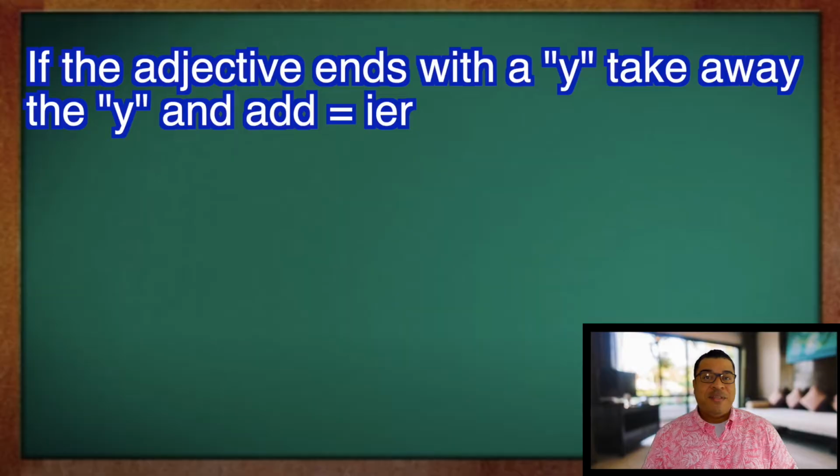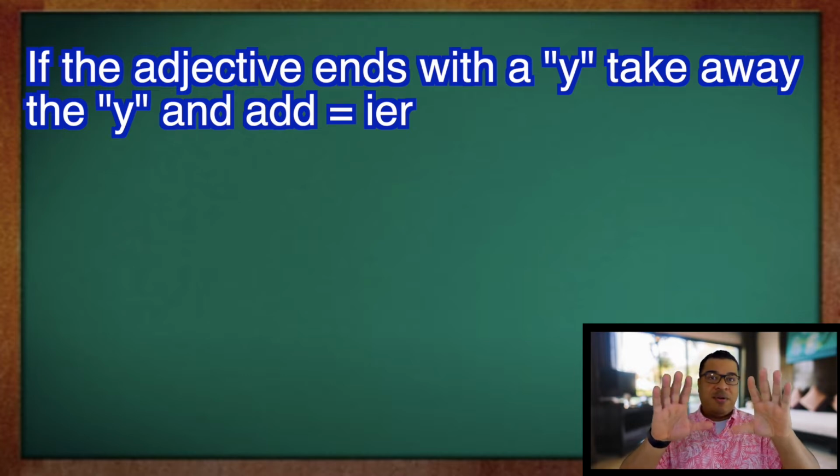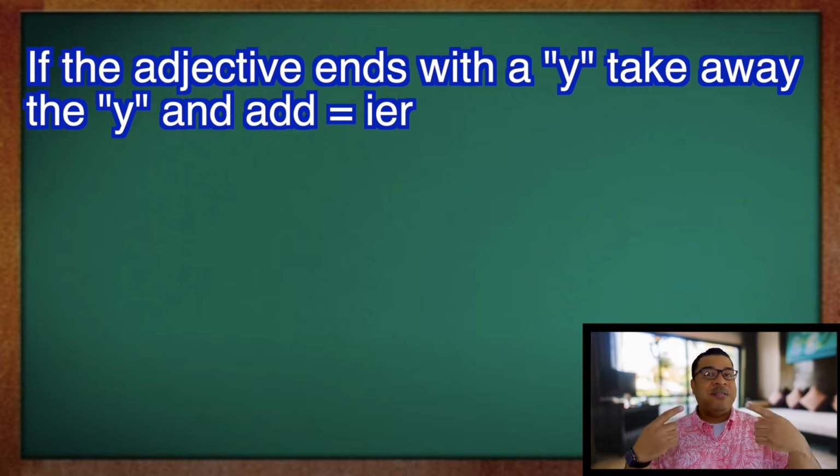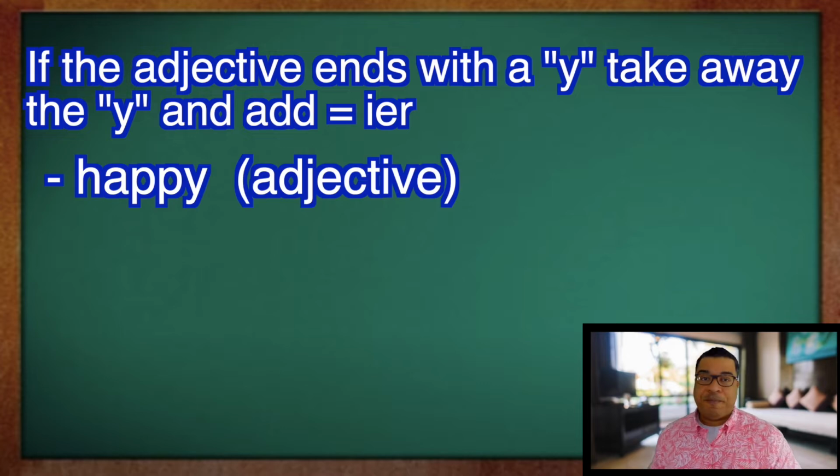Step number two, if the adjective ends with a Y, you take away the Y and add IER. Now this one, it does not matter if it's one syllable or two syllables or five syllables or ten syllables. It doesn't matter how many syllables or how many sounds. If the adjective ends in a Y, you take away the Y and add IER. For example, happy.